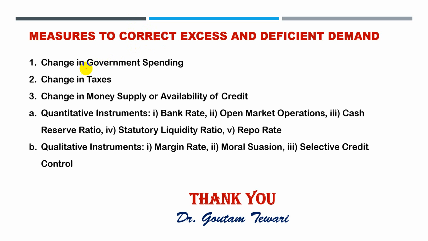During excess demand, government will increase the tax, and during deficient demand, government will reduce the tax. Change in money supply or availability of credit. The credit will be made cheaper during the deficient demand, and during the excess demand, credit will be made costlier.